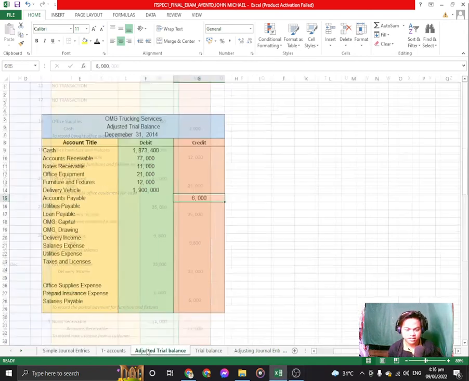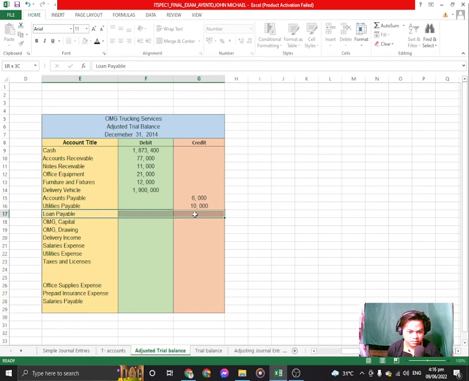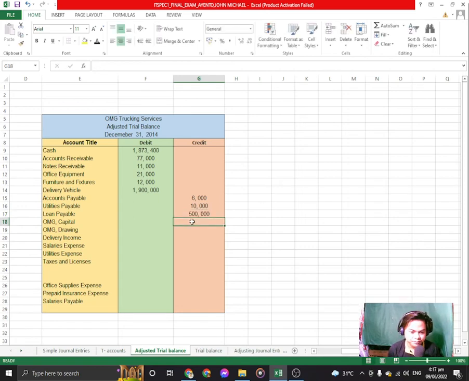Okay, good. Okay, utilities payable, we have 10,000. And then for the loan payable, we have ito yung giloan kagina 500,000 pesos. Okay. And then for the capital, total itong kaganina is we have 3,400,000 pesos. And then for the drawing, katuyahang withdraw, we have 50,000 pesos.